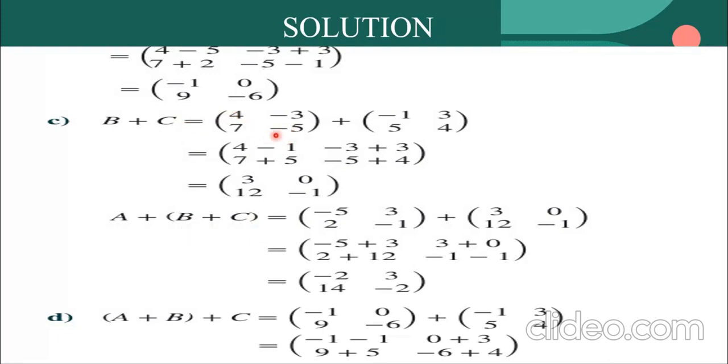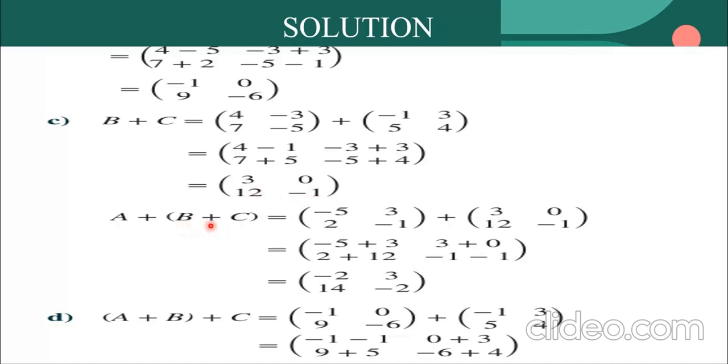Remember, they must be of the same dimension: first matrix 2 by 2, second matrix 2 by 2. Then we add corresponding values. 4 corresponds to minus 1, so 4 minus 1. Minus 3 corresponds to 3, so minus 3 plus 3. 7 corresponds to 5, so 7 plus 5. Minus 5 corresponds to 4, so minus 5 plus 4. And this will give us these results: 3, 0, 12, minus 1.